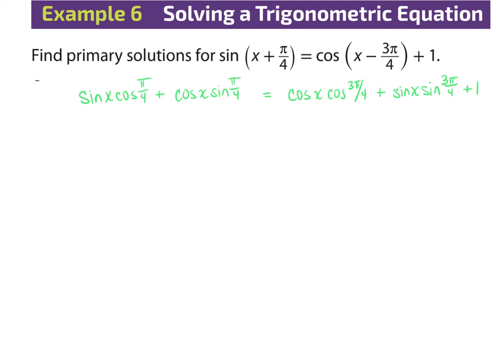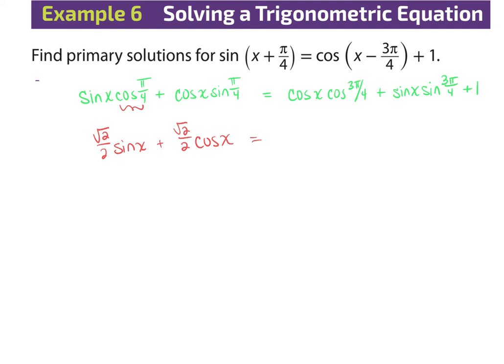All right, so we do want to plug in what we know and what we don't know. If you have a trig function of pi over 4, you should know that. So this is going to be, and I'm going to put it in front like a coefficient, cosine of pi over 4 is just square root of 2 over 2, sine of x. Sine of pi over 4, that is just square root of 2 over 2, cosine of x. I'm just putting it like a coefficient so it's easier to see.